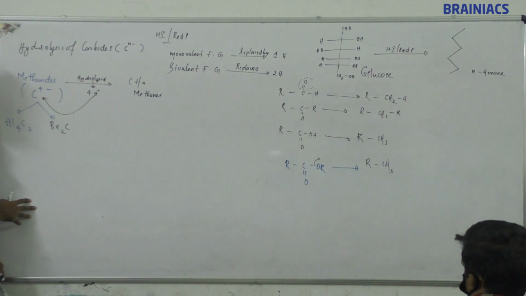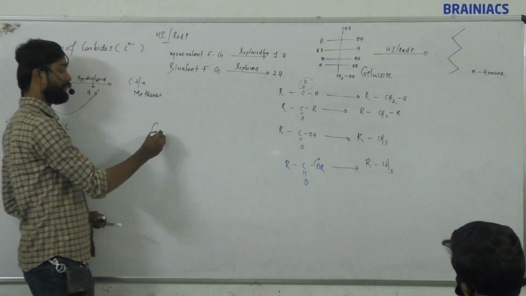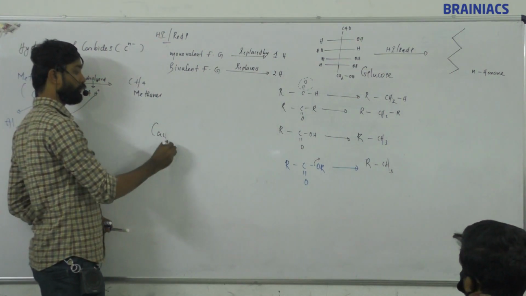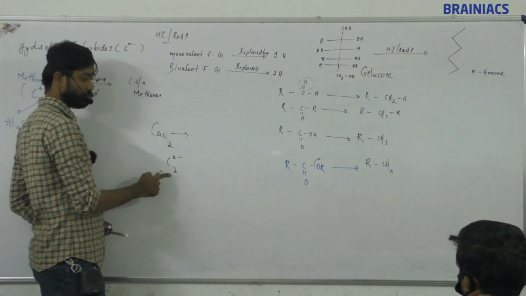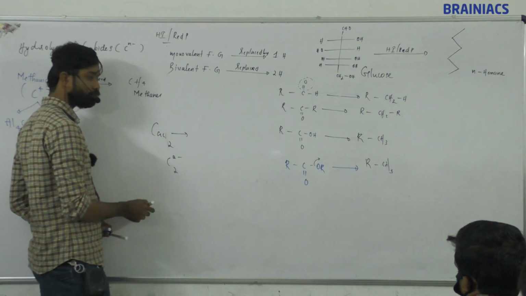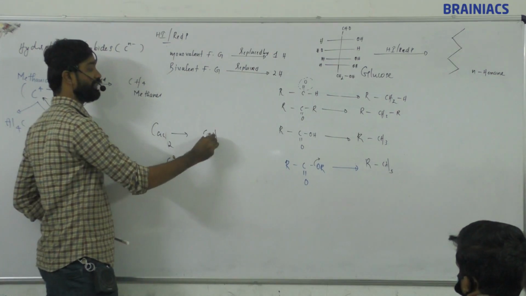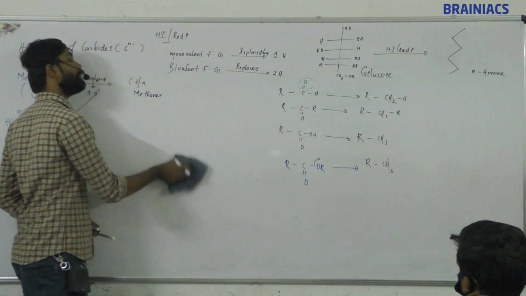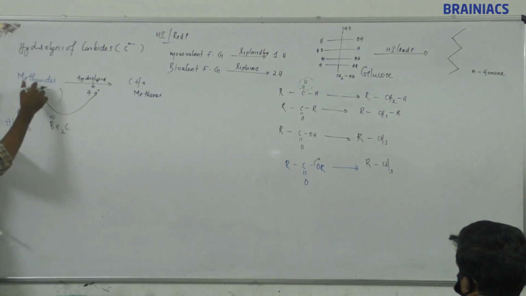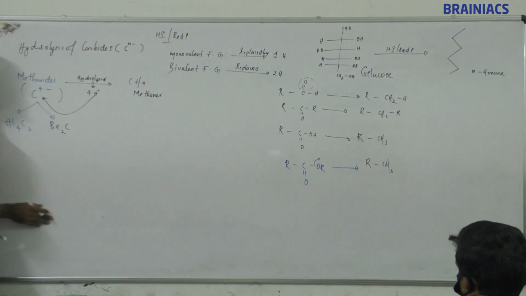Methane is an alkane. Okay, but if you have calcium carbide, you know, it on hydrolysis forms... Here the ion is C2 minus. Okay, so here it forms ethyne. So carbide of methanide only forms what? Methane.